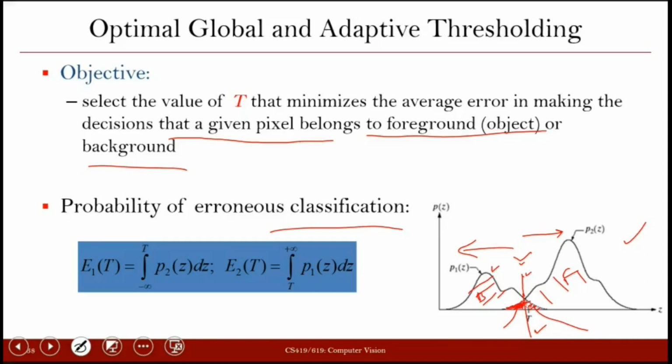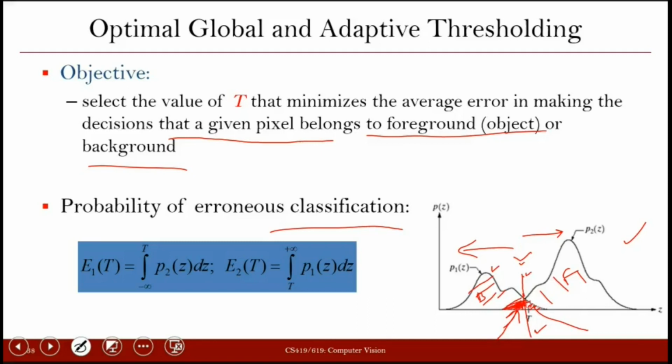This error can be easily computed by computing the area under these curves in these particular regions. To compute the first error, we can find the area in this particular region. We can integrate this PDF from minus infinity to T, because this area is only shaded till T. And the curve we need to integrate is P2.